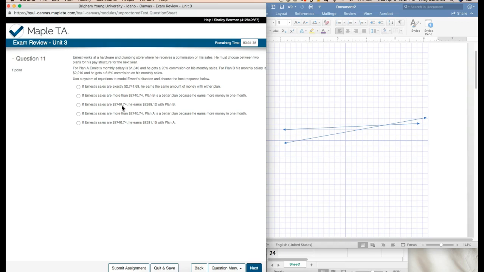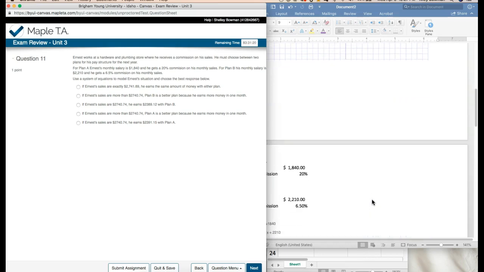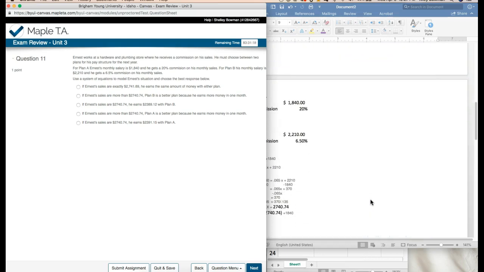The next one, this is the same number we got, so that looks good. If Ernest's sales are $2,740, he earns $2,389.12 with Plan B. Let's go see, what did we get for his answer?